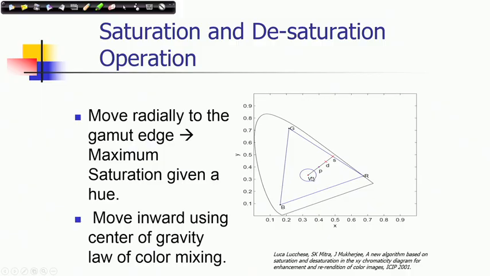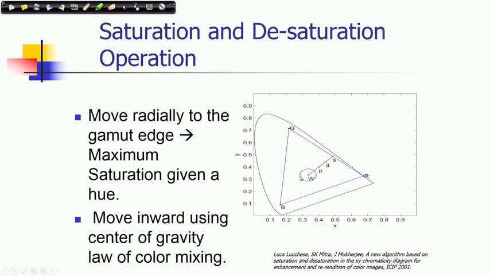So, in this diagram, P is the color of the pixel, and if I connect W and P and extend it, and it intersects with this edge B G, then it is the maximal saturation point, and if I move inward, it is the desaturation point D. And this circle shown here, I will explain when I explain the algorithms of saturation and desaturation.